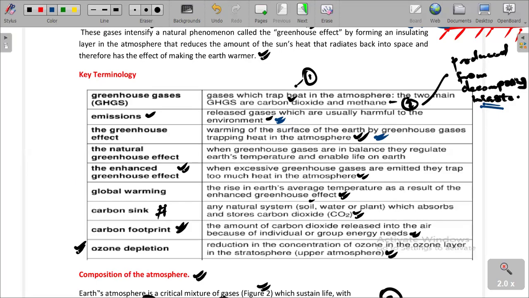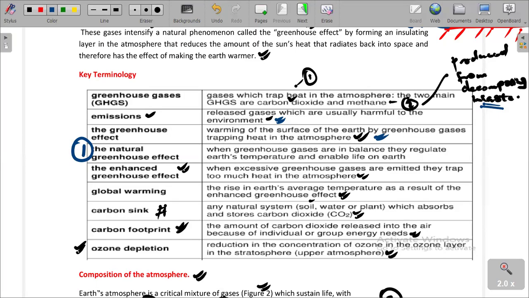And then the natural greenhouse effect, where greenhouse gases are in balance. They regulate the Earth's temperature and enable life on Earth. When it is natural, there is a general tendency of balancing each other, because the absorption and the release of the gases will be equally sustaining each other.